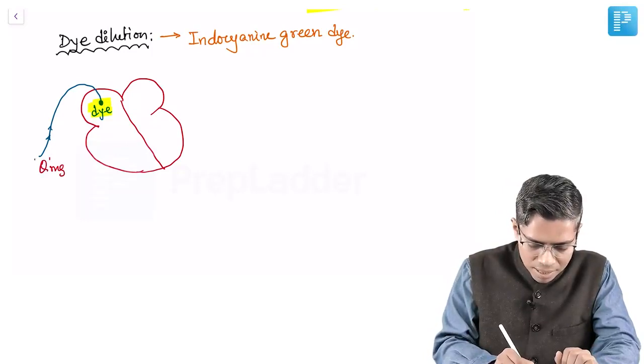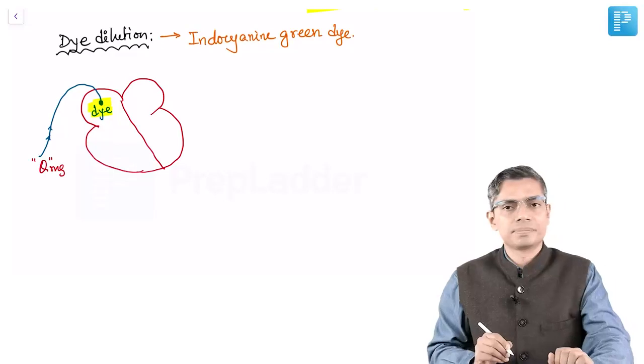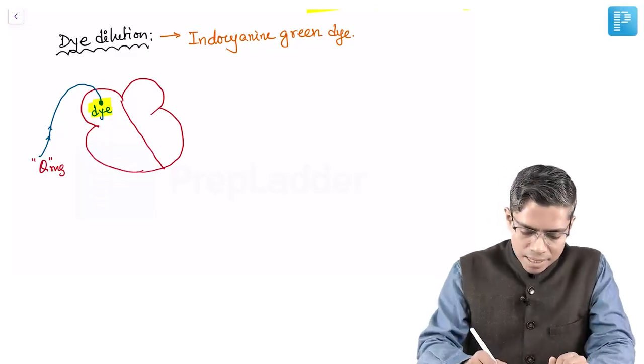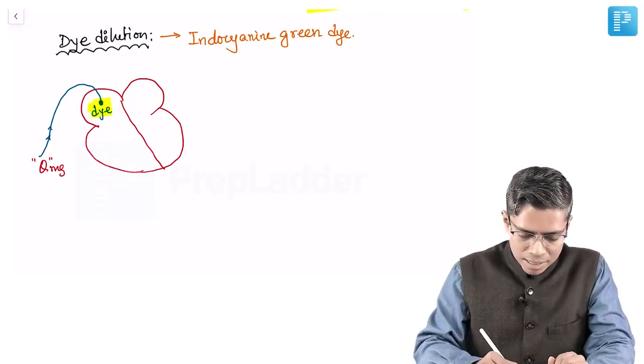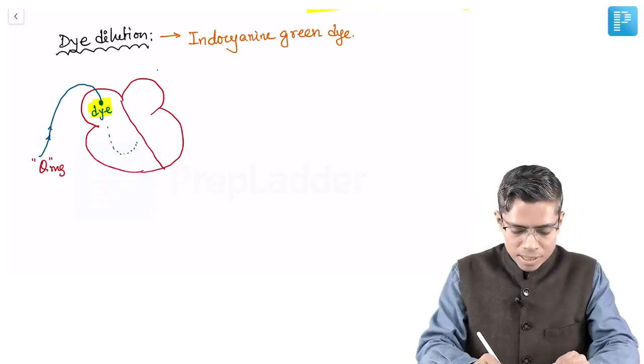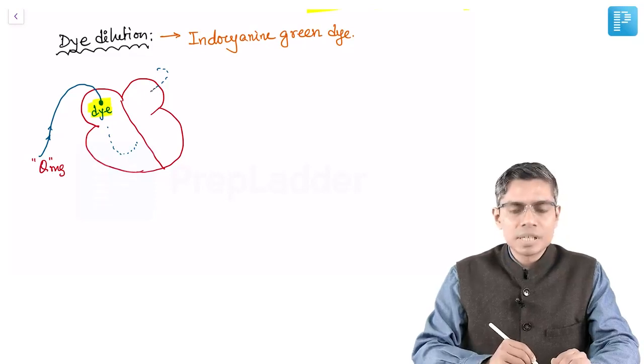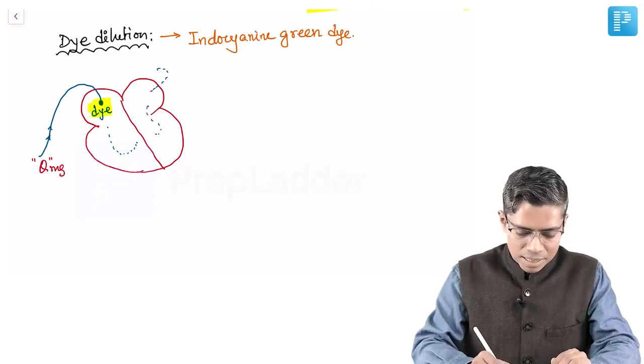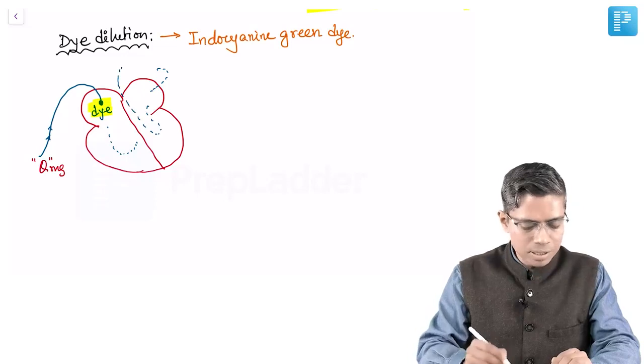Then this dye will dissolve in the blood and pass through the pulmonary artery, then go to the lung, and from there reach the left atrium, then the left ventricle, and then enter the systemic circulation.